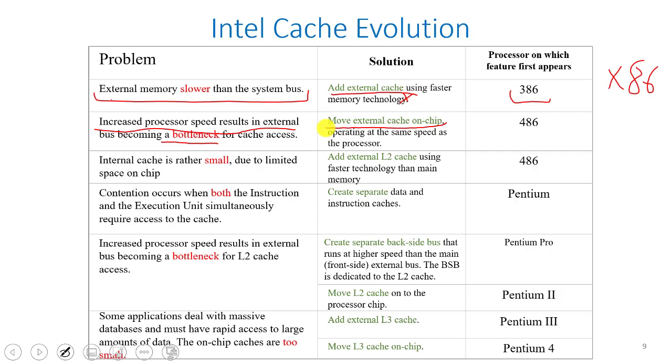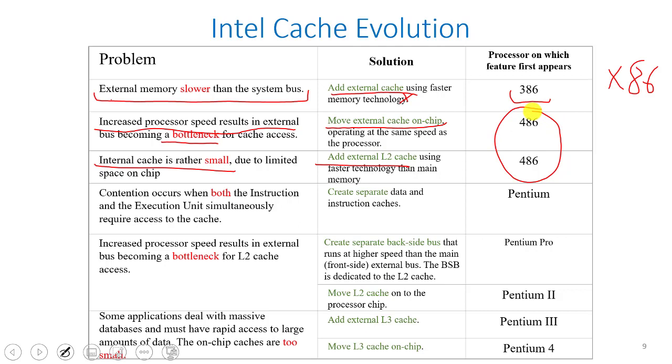Things also became we had problems. So internal cache is rather small. You saw earlier in my laptop, it's very small in kilobytes. So they said, okay, the solution, make a level 2 cache, which is an external memory. This is all in the 486.